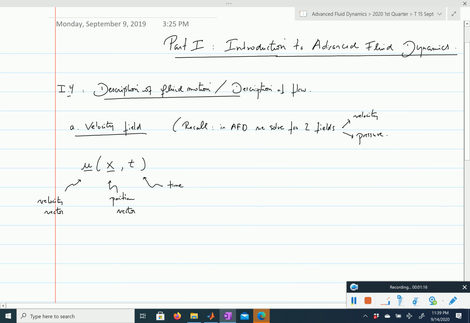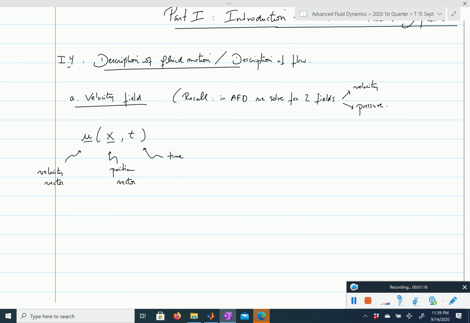When the flow changes with time, so when the velocity field does depend directly on time, we say that the flow is unsteady.